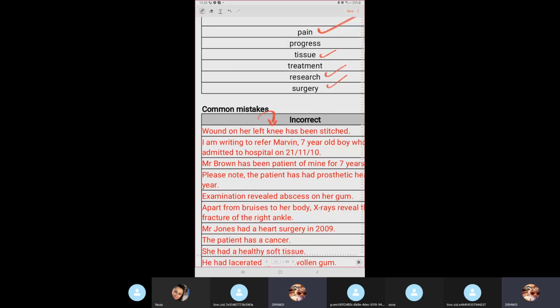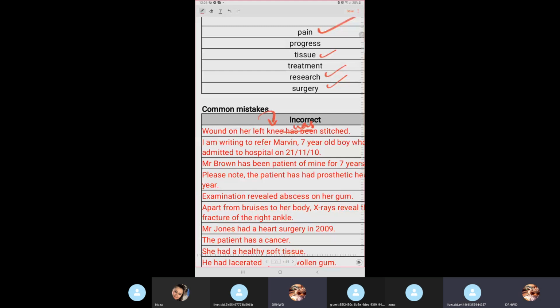Yes, Dr. Narjinder, how would you correct this? Wound on her left knee has been stitched or was stitched? I'm just saying was stitched as Dr. Noza said. It's also right, and has been is also correct. Okay, all right. Correct, I guess. Okay.